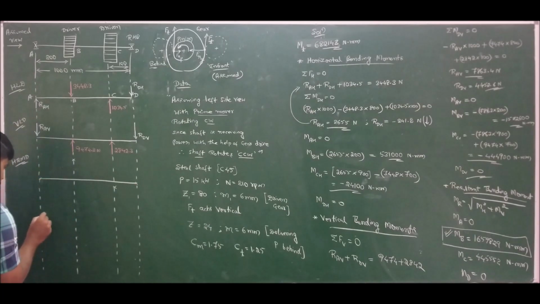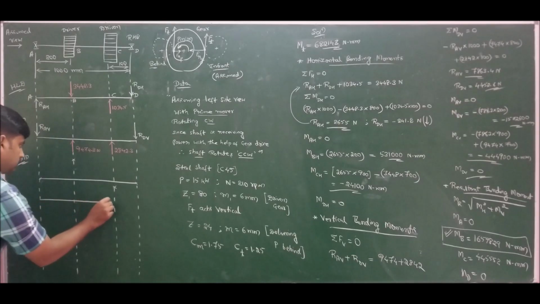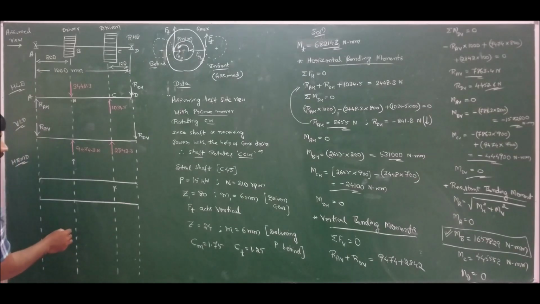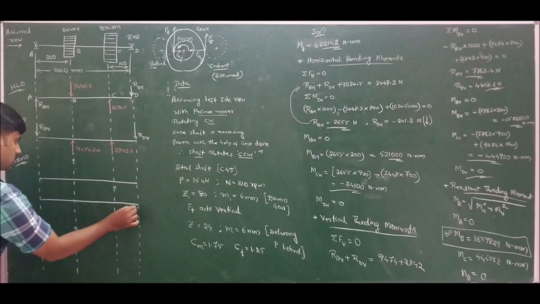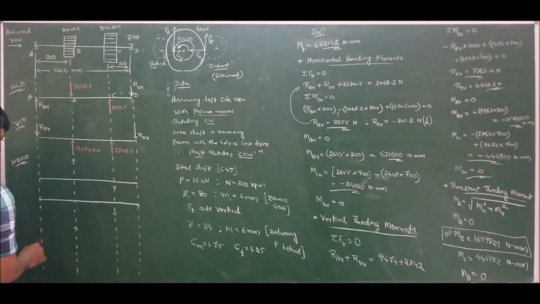Coming for vertical bending moments, both are negative. At A we have 1572600. At C we have 444900. This is vertical bending moment diagram.